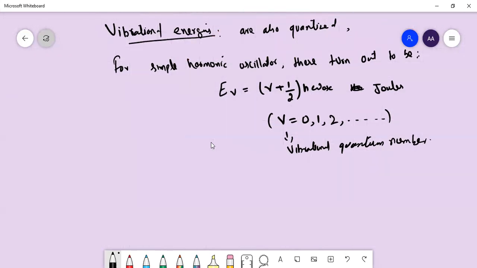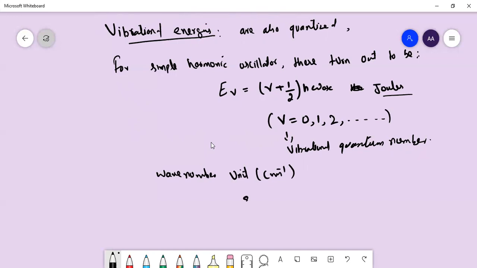So what we are seeing here is that the unit of this energy is joules. We have to convert it into the spectroscopic unit, that is the wave number unit. The wave number unit is what? Centimeter inverse. Now we have to convert joules into wave number units.